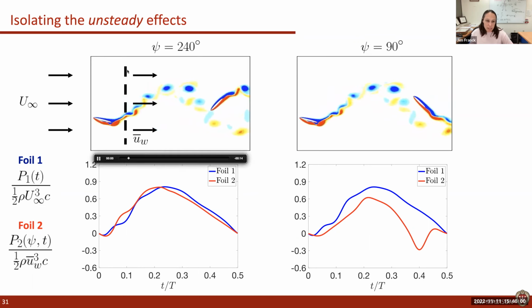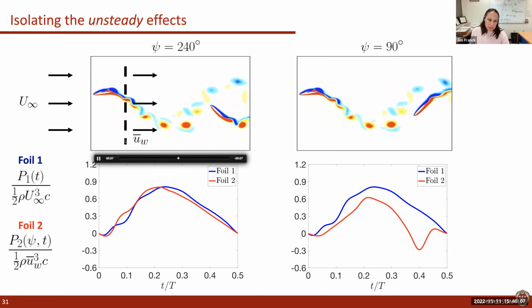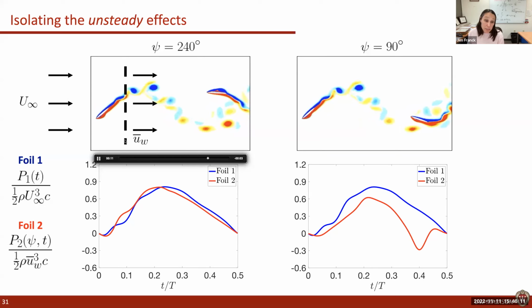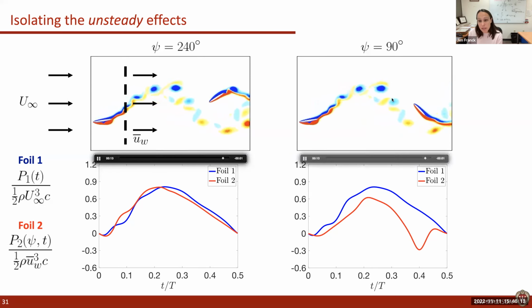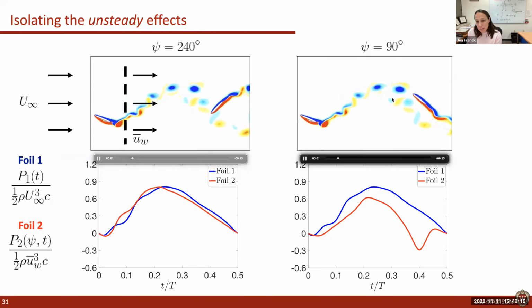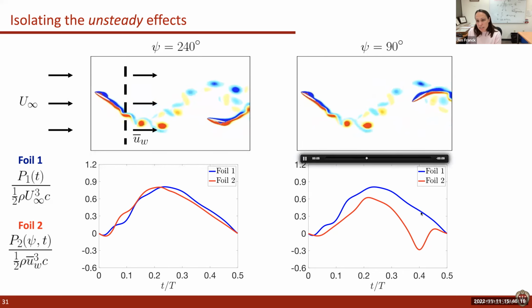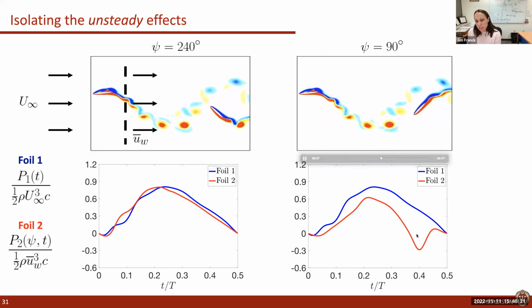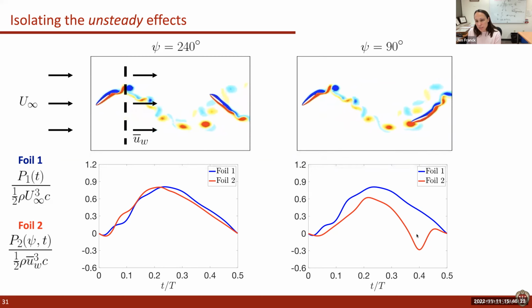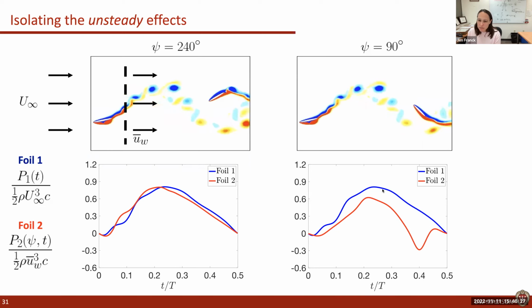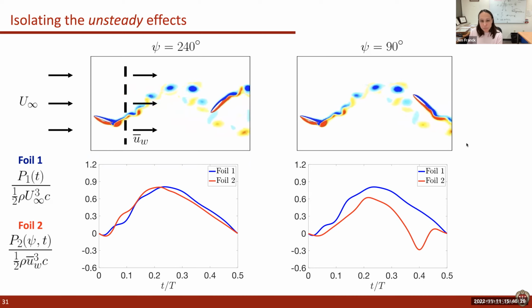So basically, if you give it a new denominator based on this mean convective velocity, foil 2 can equal the power generation of foil 1. However, if you change the phase on the right-hand side, when the phase angle is equal to 90 degrees, now foil 2 is destructively interacting with the vortices, and its relative power with respect to foil 1 has decreased.